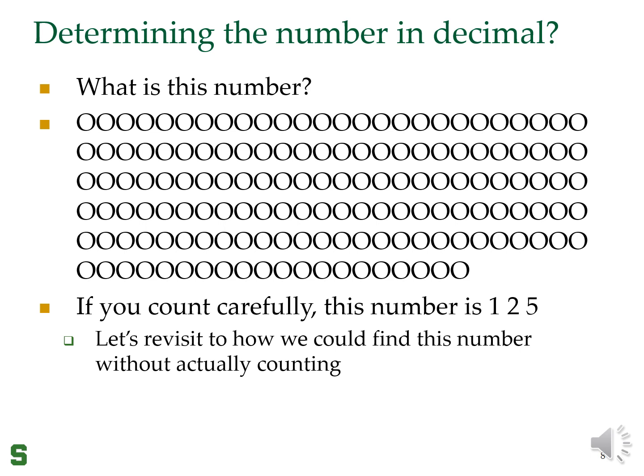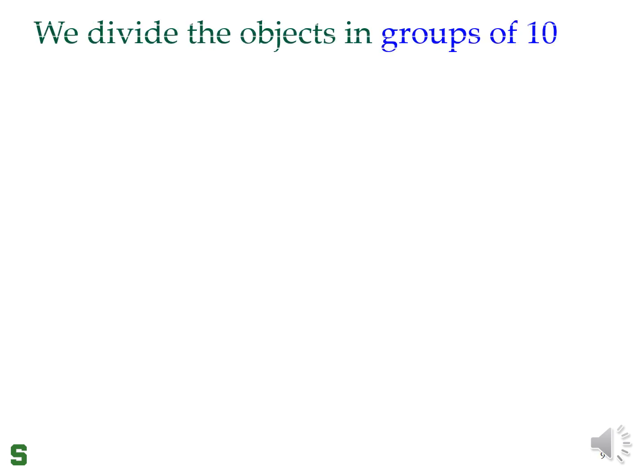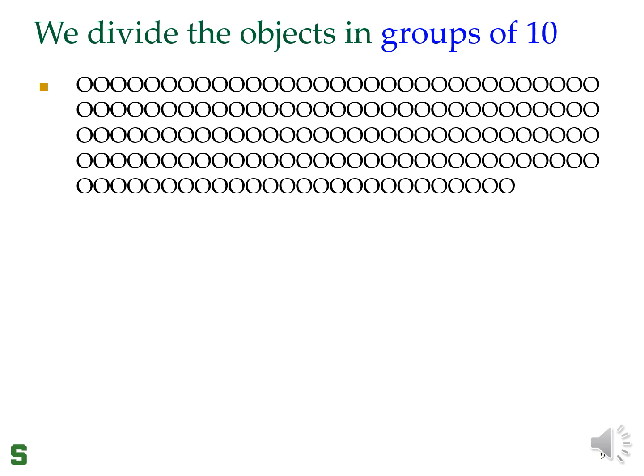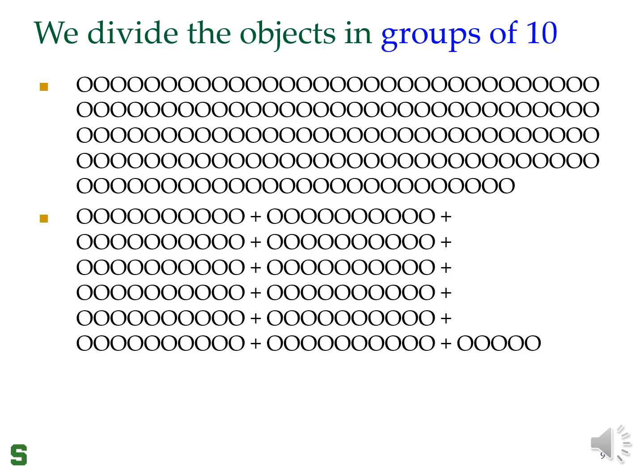Now what I'm going to do sounds a little bit counterintuitive, but it will come in handy. The way we're going to find how many objects there were is we're going to take this and create groups of 10.